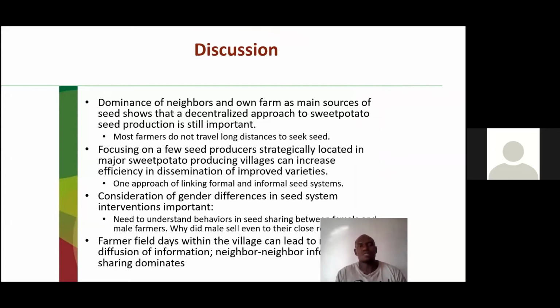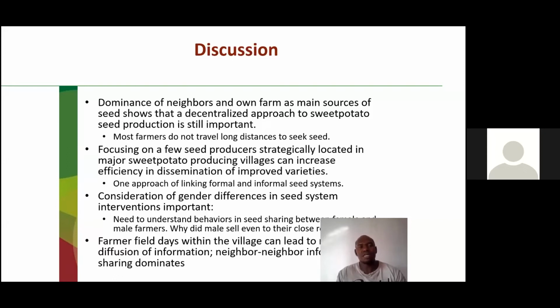And this is what has been adopted in most interventions. As you can see, farmers do not travel long distances to seek seed. Also, focusing on a few seed producers strategically located in main producing areas can increase the efficiency of dissemination of improved varieties. And this can be one approach of linking the formal and informal seed systems.